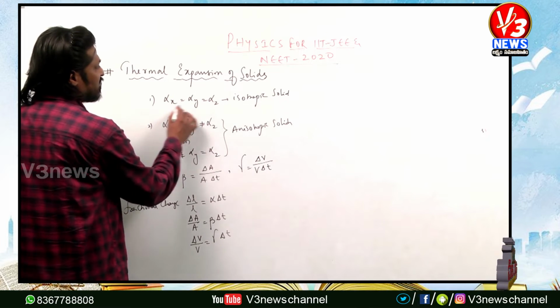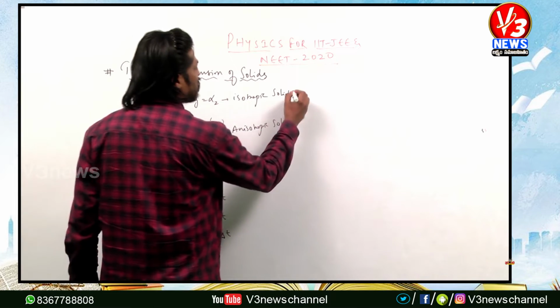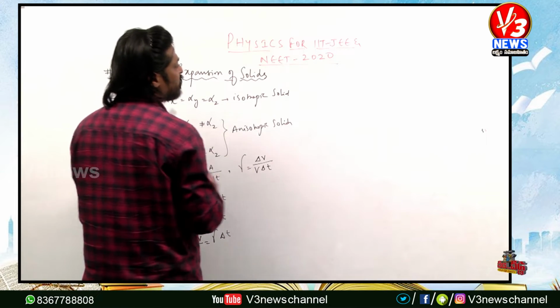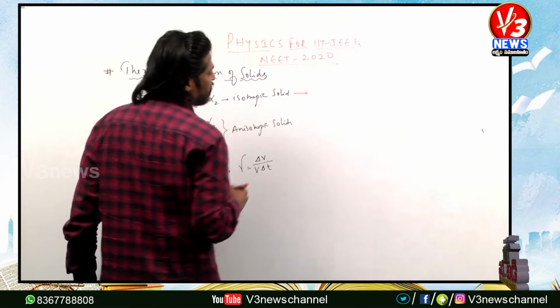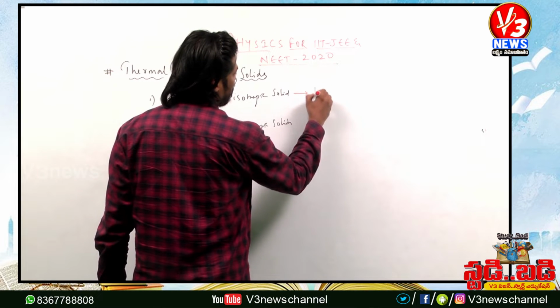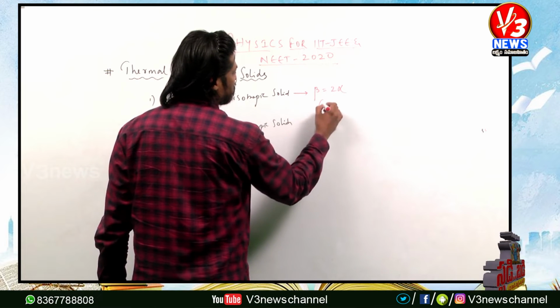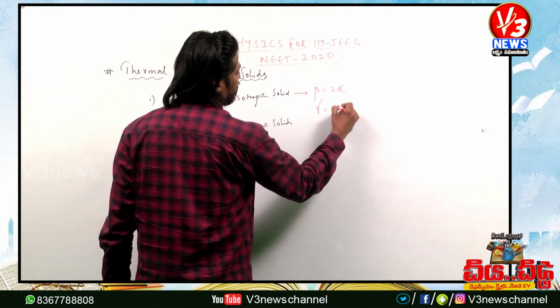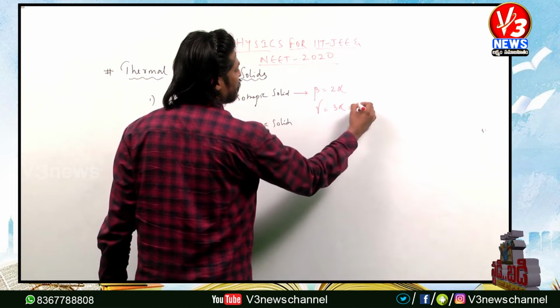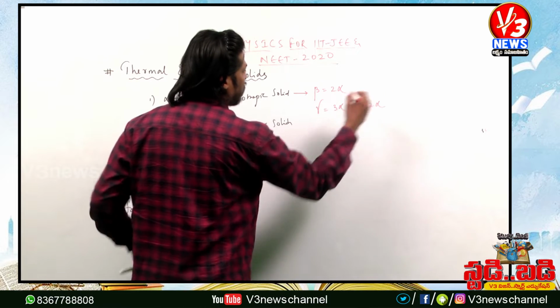Now, the relation between alpha, beta and gamma for isotropic solids is beta is equal to 2 times alpha, and gamma is equal to 3 times alpha, which can also be written as alpha plus 2 alpha.